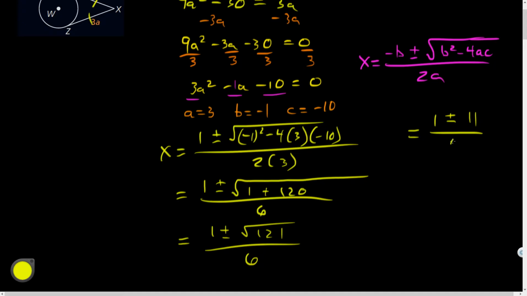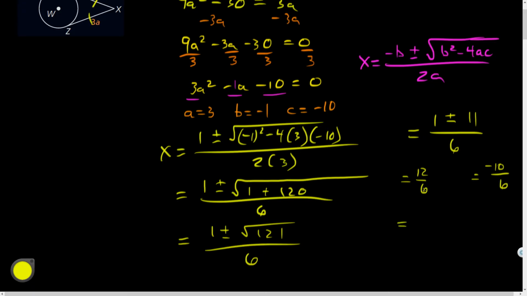So let's see. So guys, root 121 is 11. 1 plus 11 is 12. 12 divided by 6, I'll break it up. It's both. 1 minus 11 is -10 over 6.